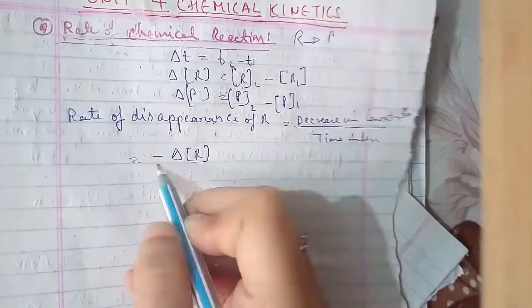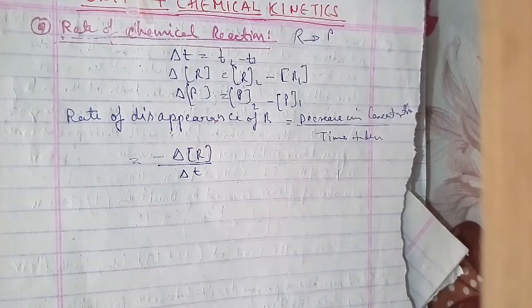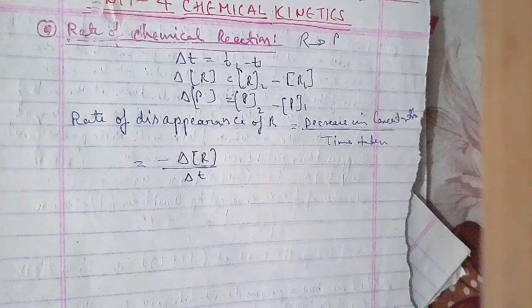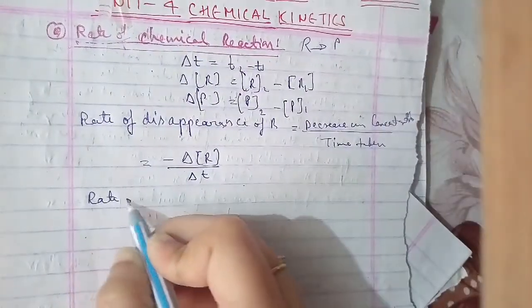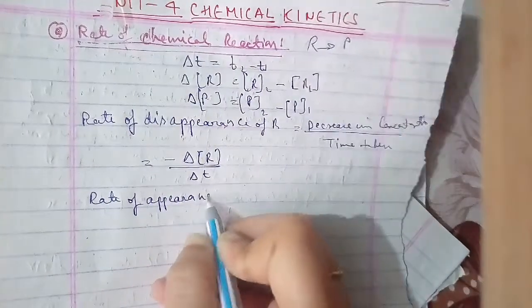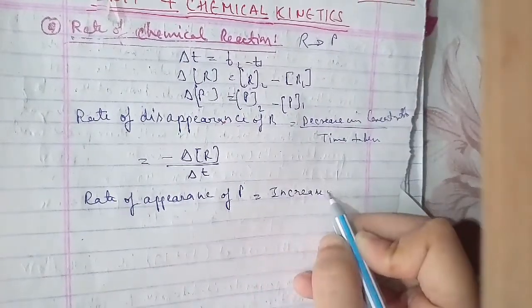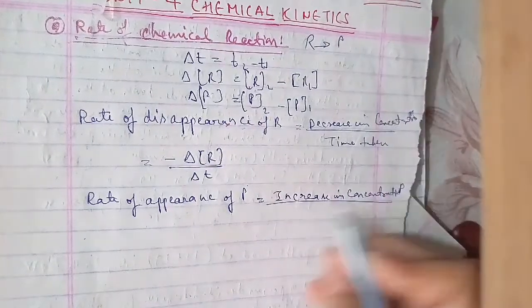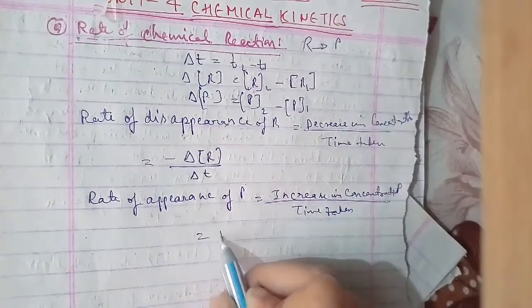The rate of appearance of P equals increase in concentration of P upon time taken, which equals plus delta P upon delta T. Since delta R is a negative quantity, as the concentration of the reactant is decreasing, it is multiplied by a minus sign to make the rate of the reaction a positive quantity as well.